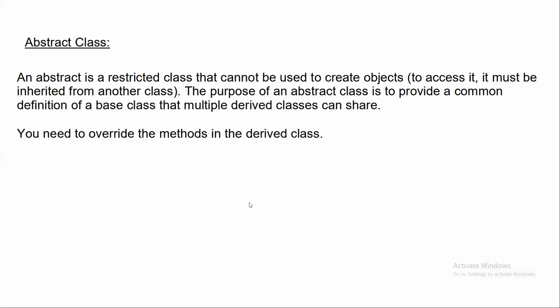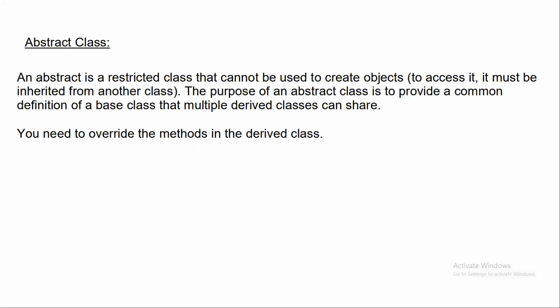Okay, and abstract class. This is also one of the important topics, guys. Abstract and static are most commonly asked in interviews. An abstract class only contains the definitions of the methods or variables, and there is no way you can create objects.